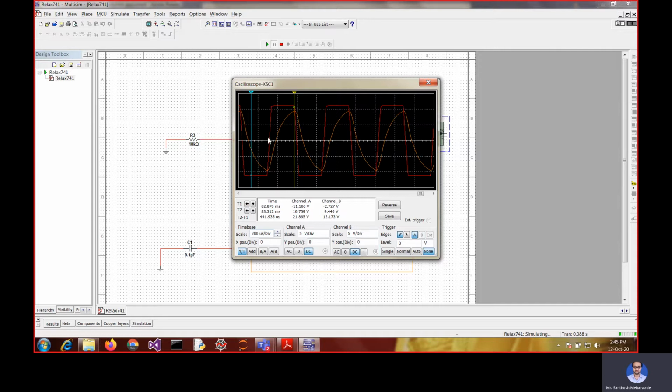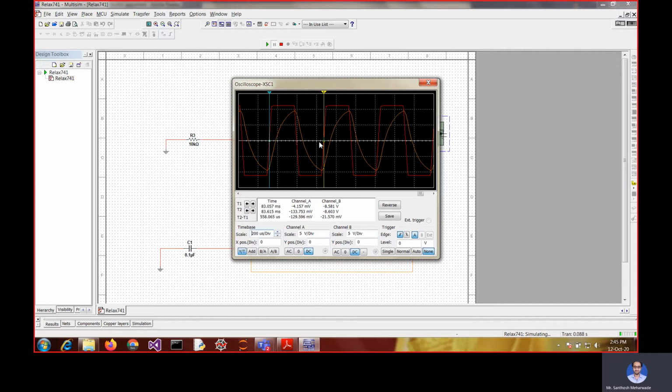To calculate the time period, I have to include both the positive half cycle and negative half cycle. Let me assume this is my starting point, and this is its end point. I will select this a little bit.